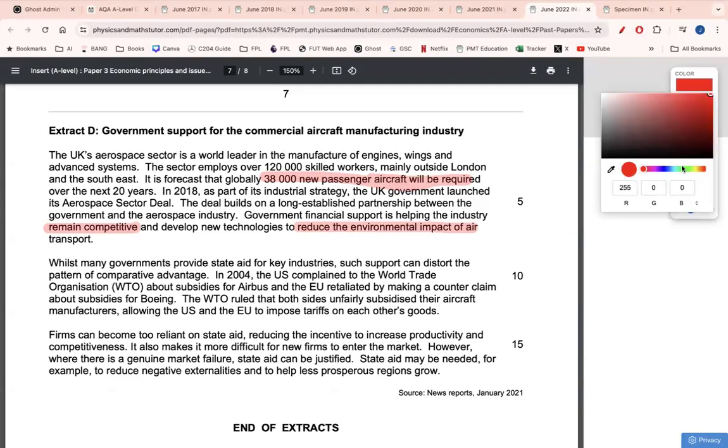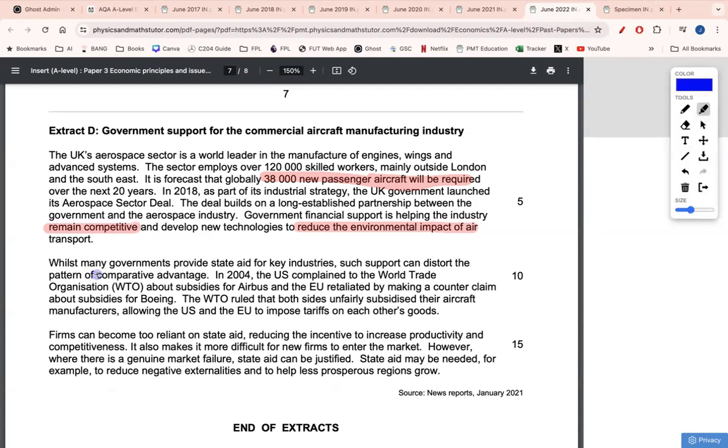Then you've got, on the other hand, make sure when you're reading a sentence or a paragraph, get the tone of it. It said while, so straight away I know that we're going in the other direction now. Support is bad because it messes with comparative advantage. The USA complained about subsidies to Airbus.